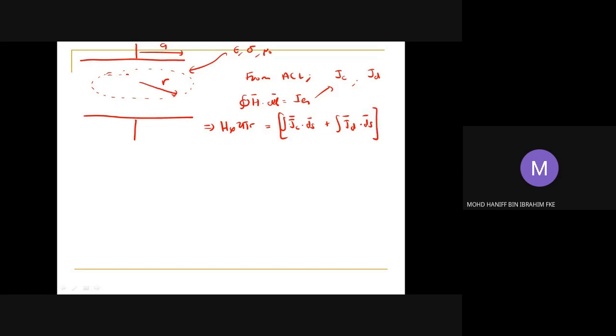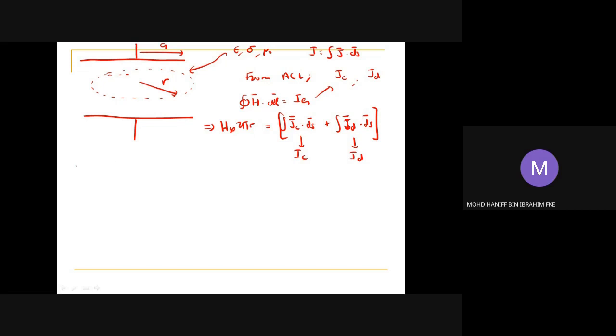We have agreed before that I equals the integration of J dot ds, the equation that relates the current density J and the current itself, I. So this will be the IC and this will be the ID.